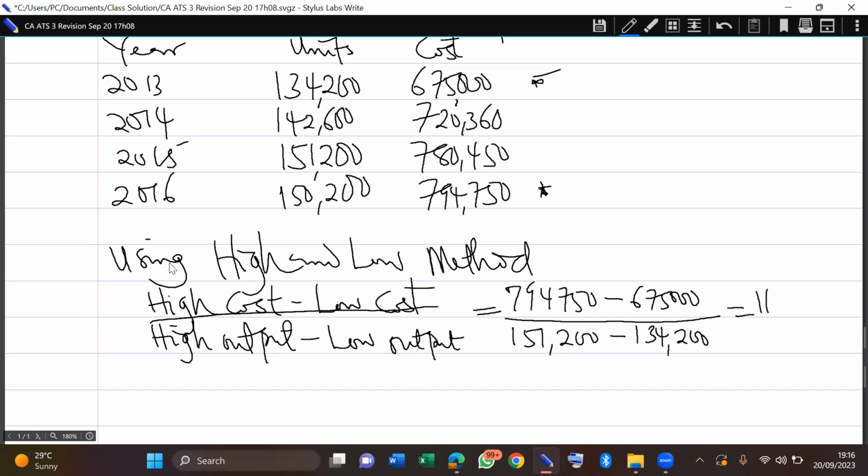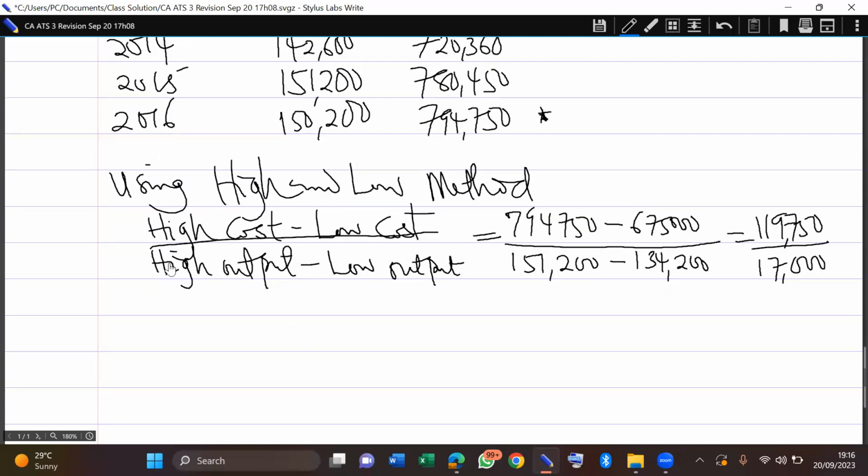Denominator is 17,000. 119,750 divided by 17,000. What is that variable, cost per unit? 7 naira per unit. Is that taken? Yes, sir.